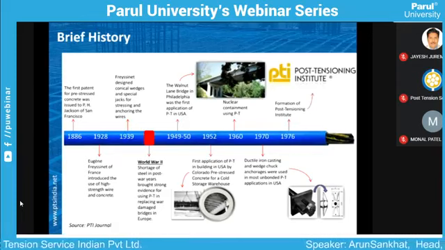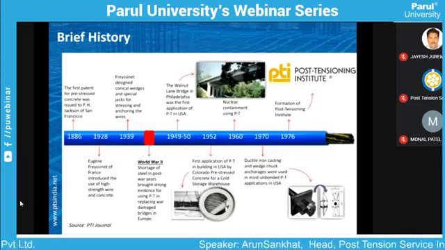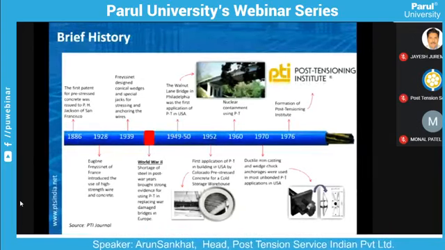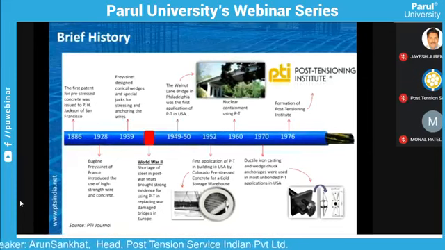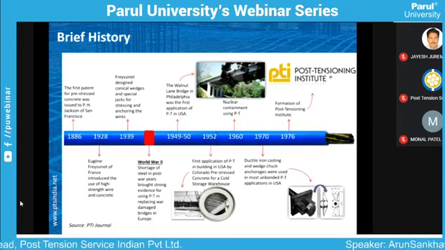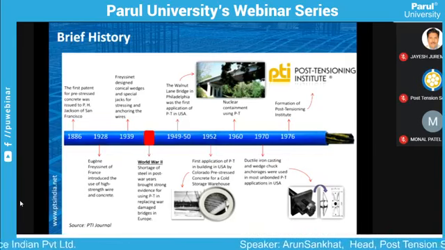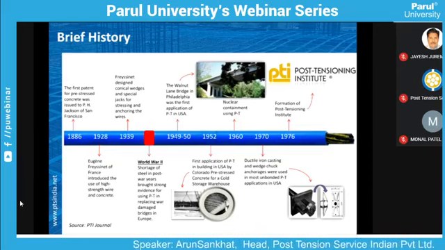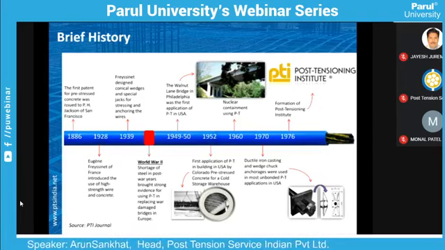Then in 1976, the Post-Tensioning Institute was formed, and now it is one of the regulatory bodies across the world which guides us about what to do and what not to do. They have prepared good specifications and systems of pre-stressing. If you follow this system, it would be an error-proof system, and it will turn out to be the most economical and most efficient system.